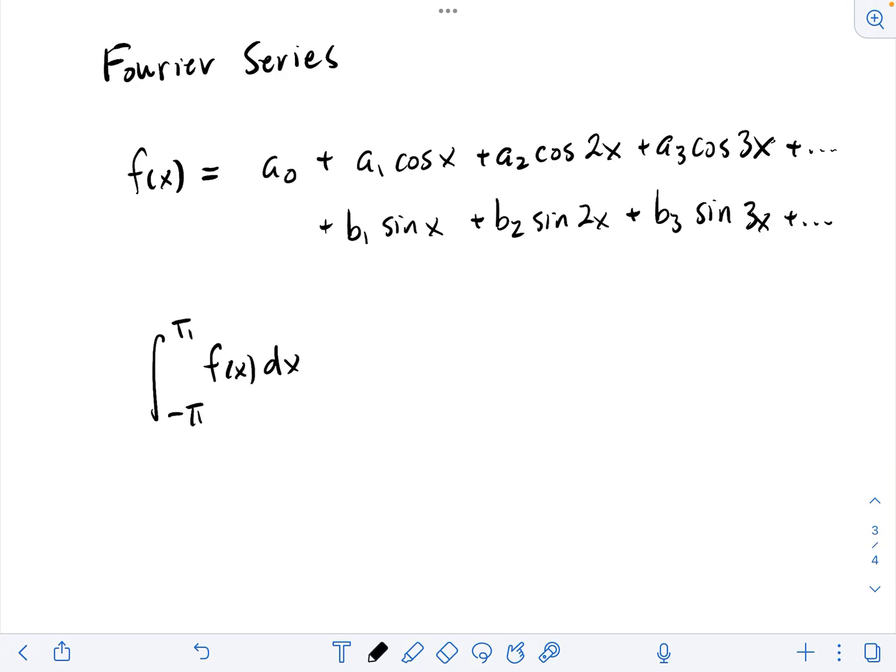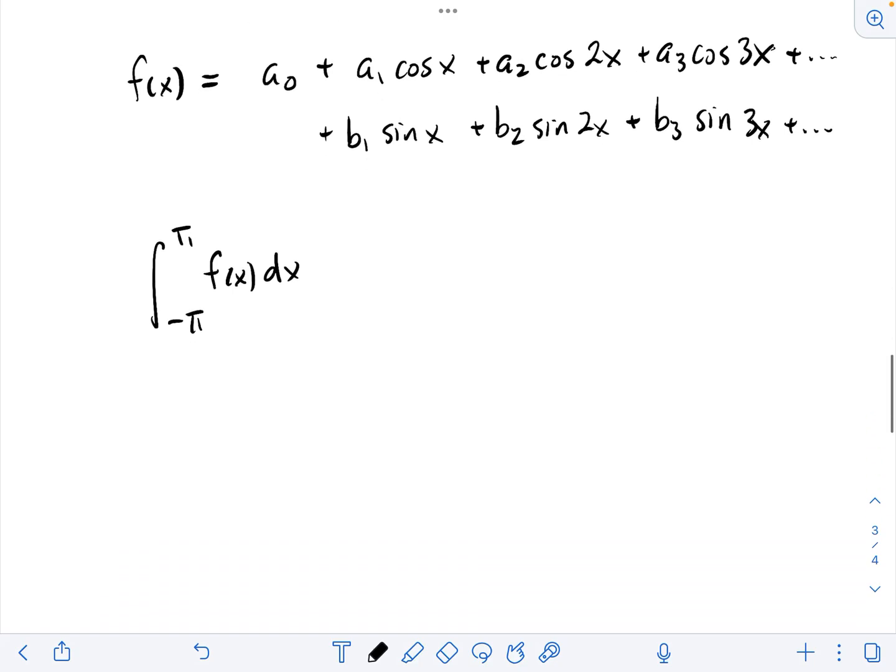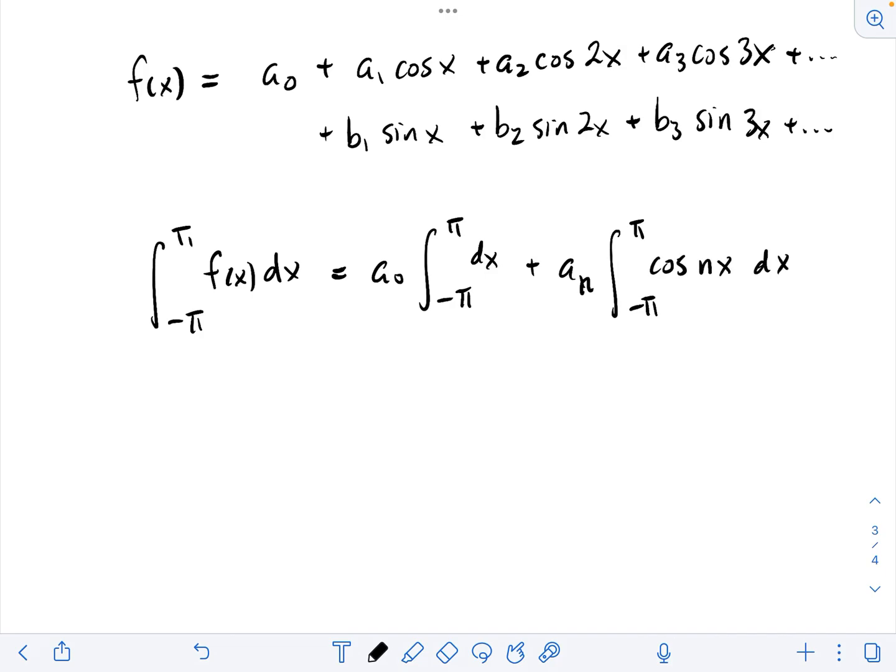over that interval. So what we would get is an a0 integrated from minus pi to pi dx plus a1. Well, let's just do an integrated from minus pi to pi of cos nx dx. Actually, let me rewrite this.